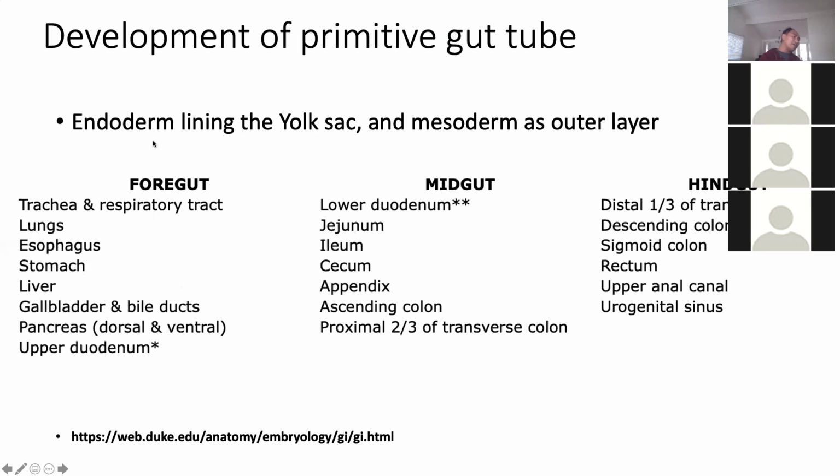So the foregut structures will be supplied by the celiac, but of course the respiratory tract and esophagus are in the thorax, so they will have different blood supply. So this foregut, midgut, and hindgut division is pretty useful if we want to think about the developmental origin from the fetus and blood supply of the gastrointestinal tract.